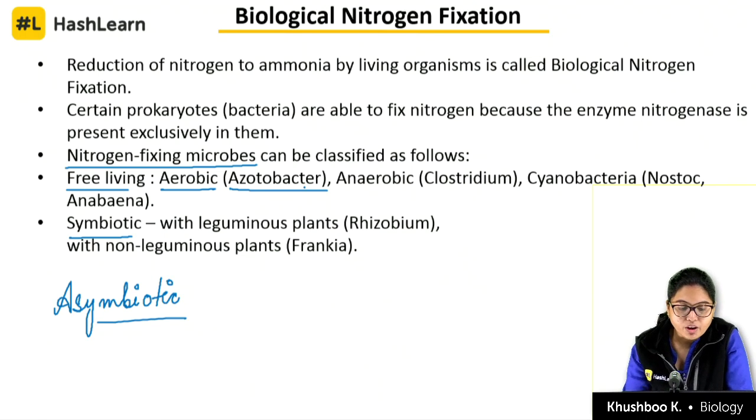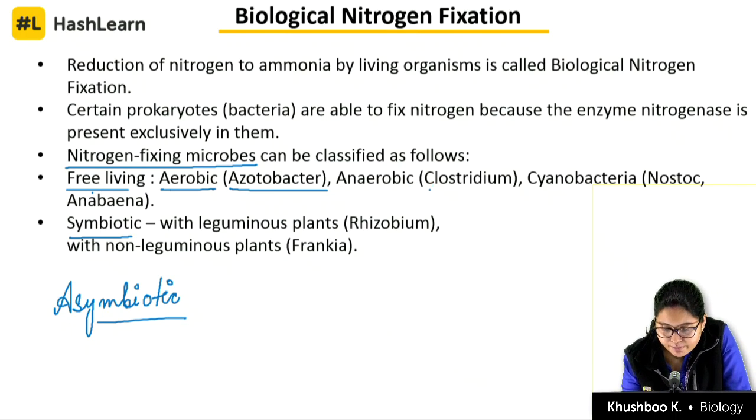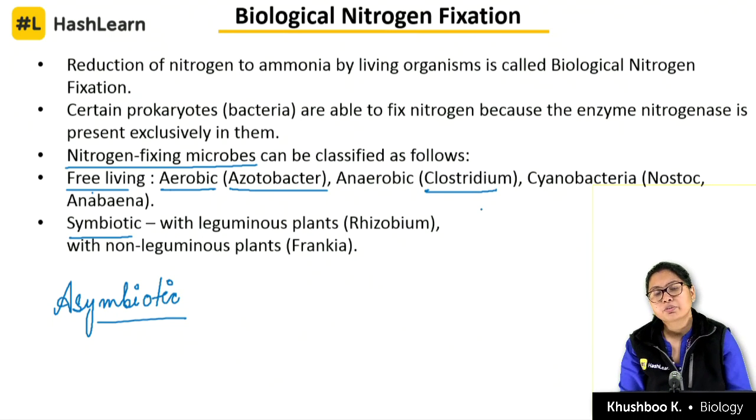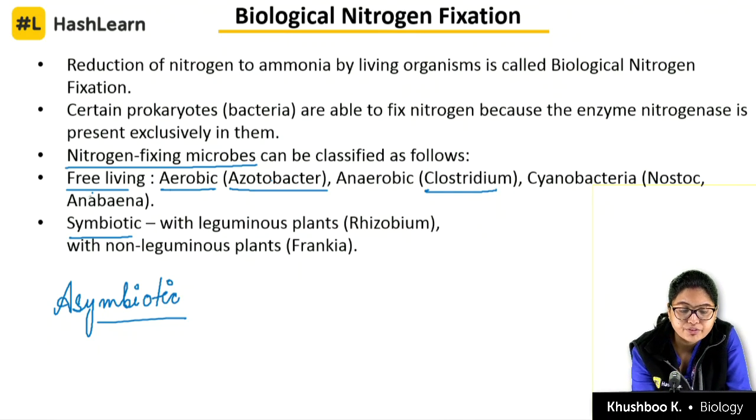Azotobacter is an example of aerobic free living nitrogen fixing bacteria. For anaerobic free living nitrogen fixing bacteria, we have Clostridium, and even in your books you have the example Rhodospirillum.